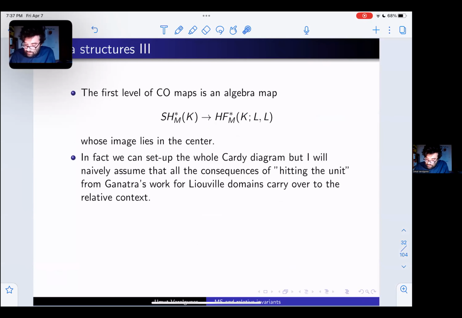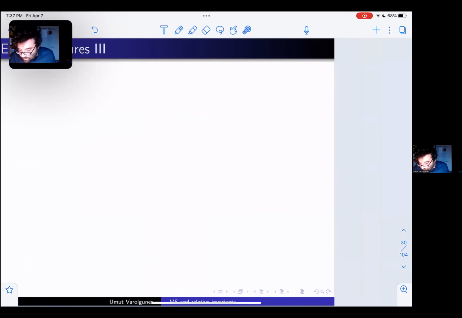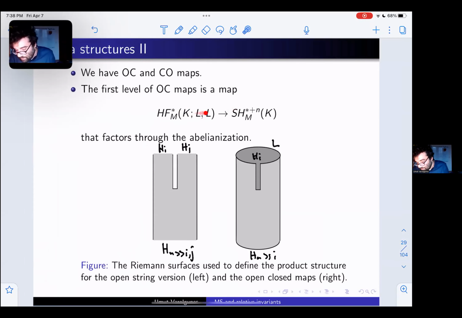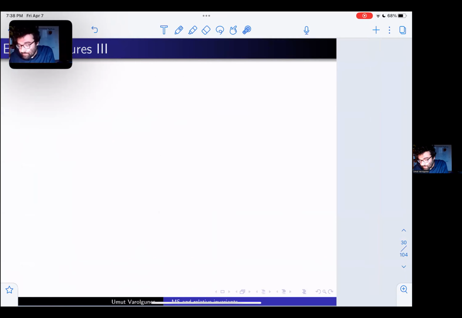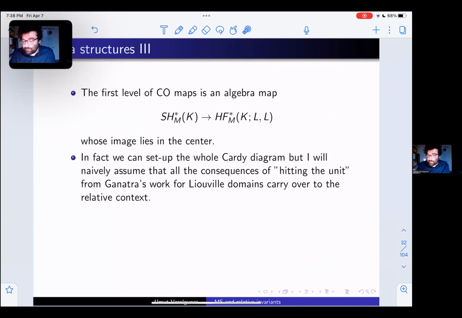So there is this whole kind of generation criterion business, where if this map here hits the unit, this Lagrangian L can be used to generate every object of the Fukaya category. This is kind of the Abouzaid generation criterion. So there are some versions of that here as well, which I'm not going to spell out, but this is part of what I'm assuming for the construction, for the conjectures that I'm going to tell you to work.